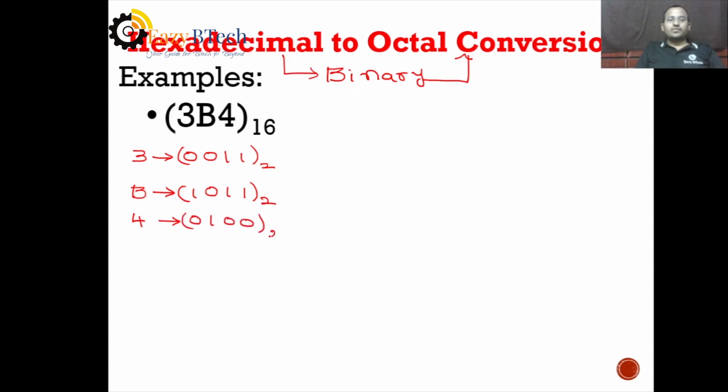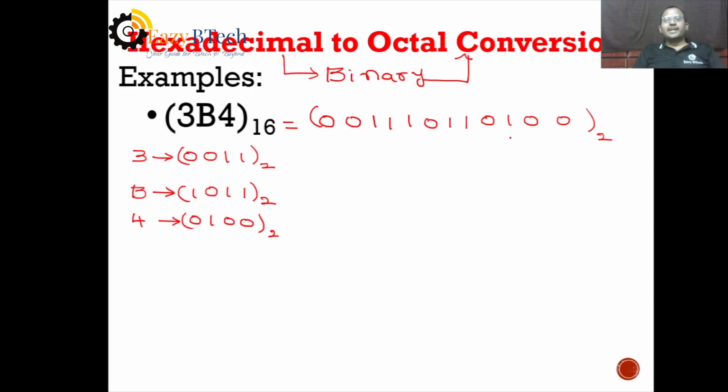So first we find the binary equivalent. What is the binary equivalent? 0011 1011 0100. So this is the binary equivalent.